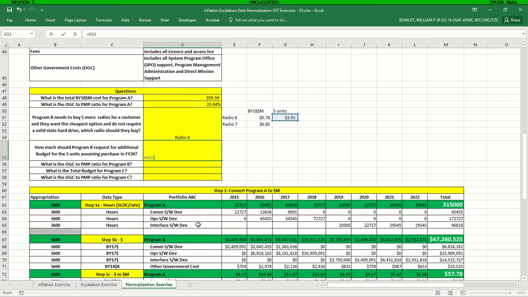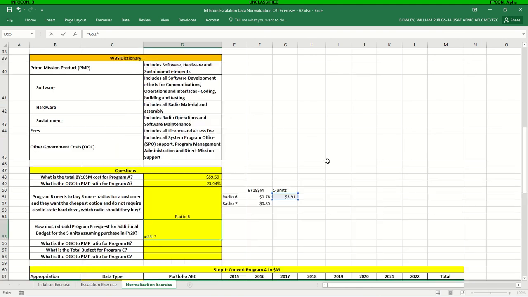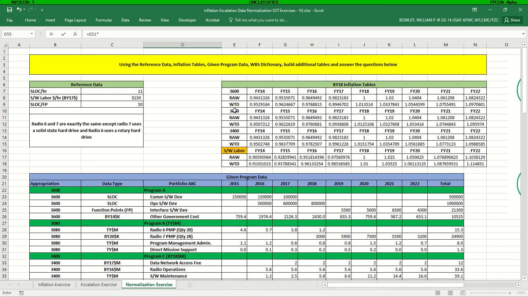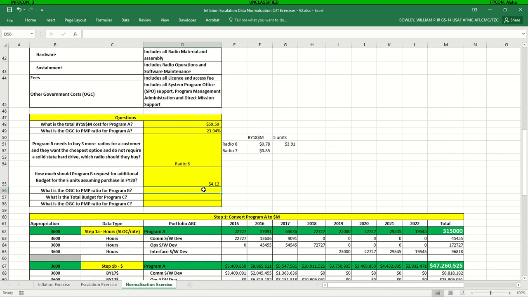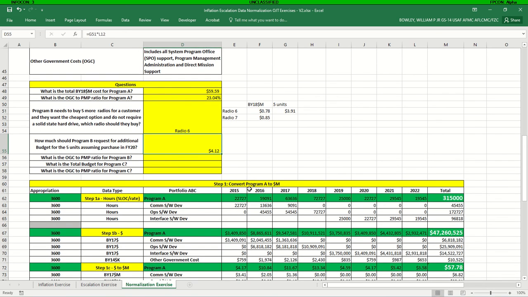And we want to bring it from the base year of the index to then year dollars. We're going to multiply by the weighted index for FY20. So we can come up here, 3080 weighted index FY20. And that'll give us the total amount they should budget in FY20 to buy those additional 5 radios.